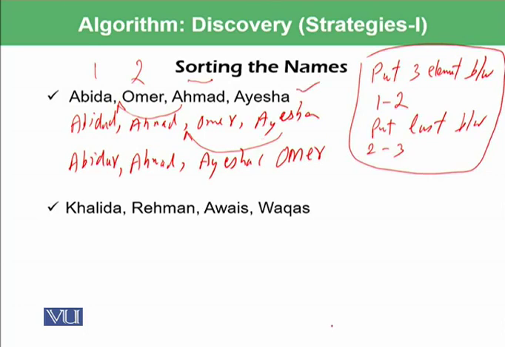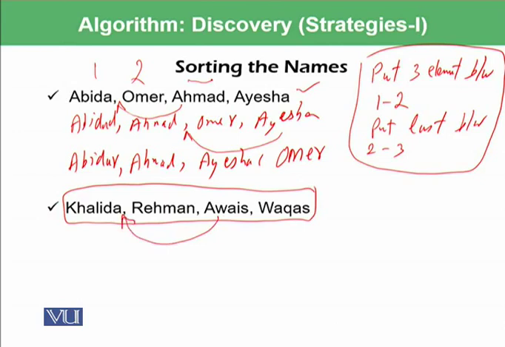However, the same algorithm cannot be applied when we have a different input. Can you apply the same procedure? For example, put the third element between first and second. Can you do it? Like Awais can be put over here: Khalida, Rahman, Awais and Waqas. We cannot put Awais between Khalida and Rahman because Awais should go before Khalida.